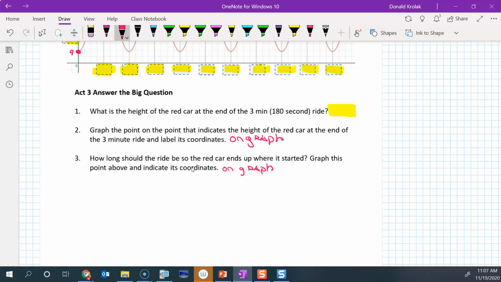So here you're going to have your height. You're going to say height, and then fill in your height. How tall is the car at 180 seconds? And then you're going to graph the point. Then down here, you're going to say, how long should the ride be?